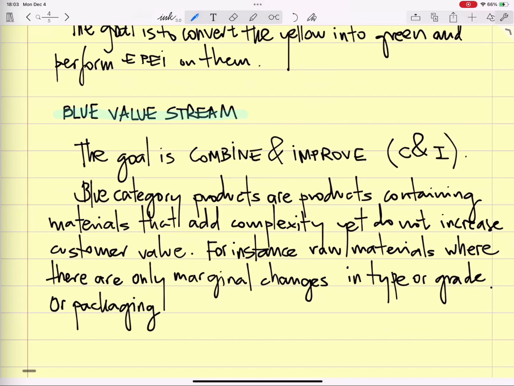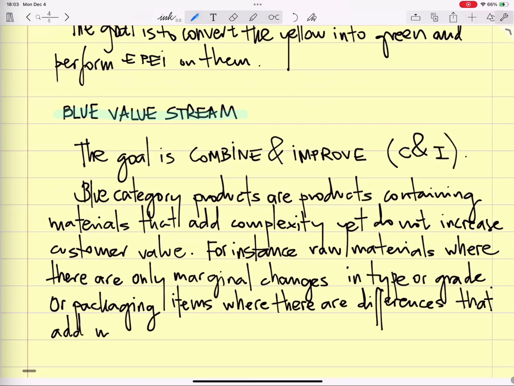Packaging items where there are differences that add no value to the customer.